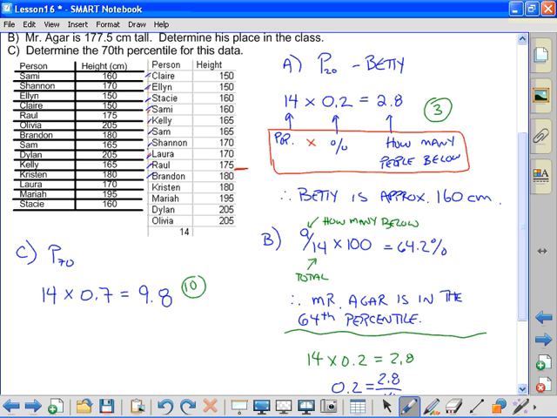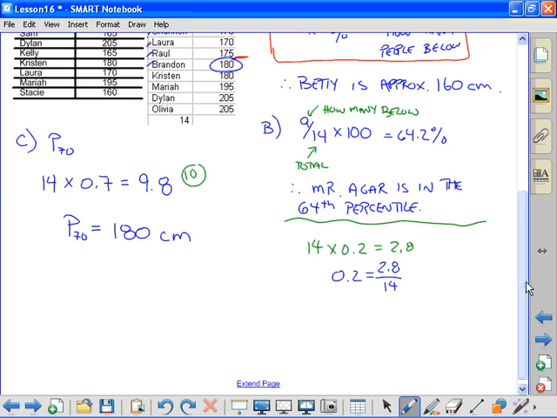Brandon is the 10th individual, and we could say that the 70th percentile for this class is 180 centimeters. So that tells you that 70% of the class is shorter than 180 centimeters.